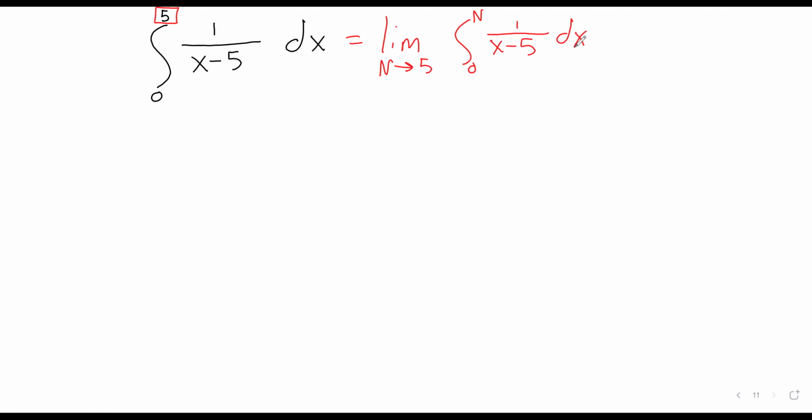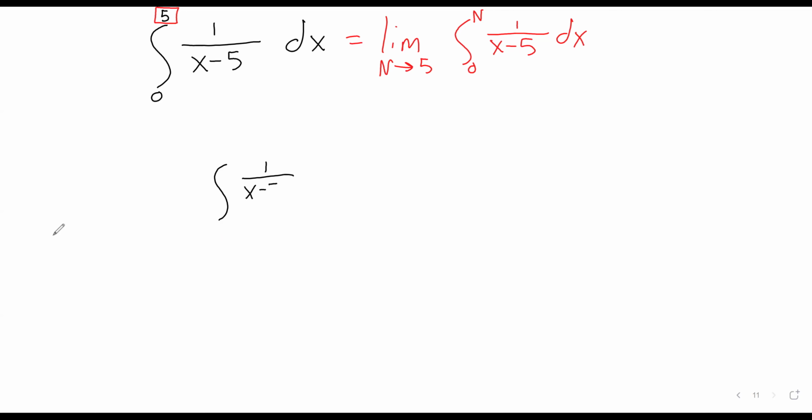All right, I kind of shot through this on the previous slide, but let's now go through this in slightly more detail. Let's just look at the indefinite integral for a moment.